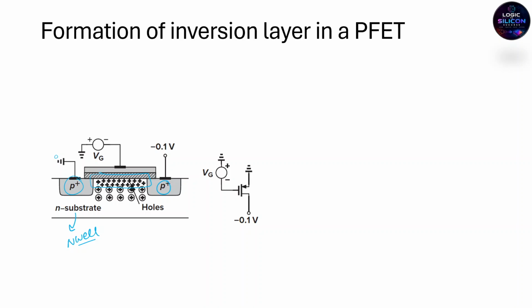Why inversion? It's the same concept as before. Here we have an n-type substrate, and now positive charges will accumulate here. So my n-type earlier was replaced by positive charges here. That is called inversion, just as we discussed for the NMOS. These positive charges are nothing but holes formed at the oxide silicon interface, providing a conduction path between the source and drain.